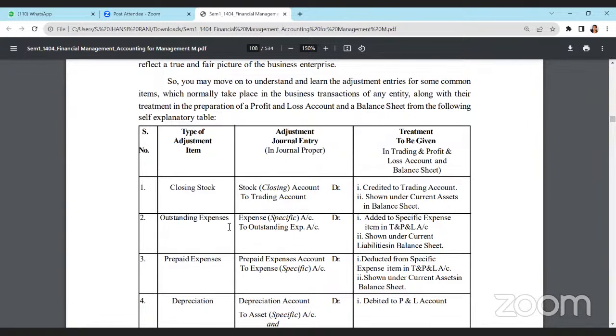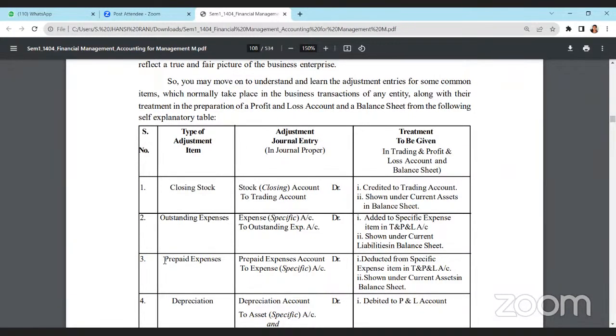For example, it is an outstanding rent. It is related to which expenditure? It is related to rent only, right? So we'll add to the rent first. The other effect we write in the balance sheet liability side.